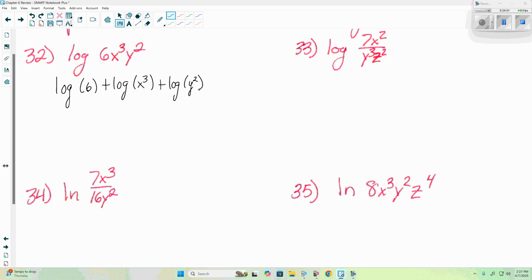Power says we take the exponent and move it to the front. So the 3 is going to be moved in front of its log. The 2 for log of y squared. So we still have log of 6, plus, we move the 3 out, telling us that we have 3 log of x, plus, we move the 2 out front, telling us that we have 2 log of y.